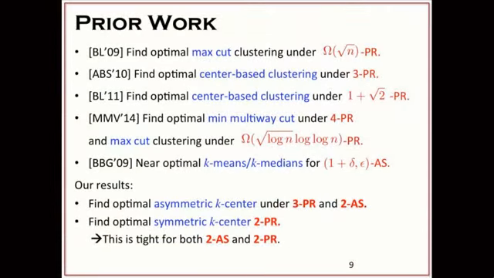So prior work about perturbation resilience and approximation stability. Bilu and Linial introduced this for the max cut problem. And they showed that for square root of n perturbation resilient, they can find the exact optimal solution. Abbasi, Blum, and Sheffet showed that for center-based clustering, which is k-center, k-median, k-means, and a bunch of other clustering notions, under 3 perturbation, they can find the optimal clustering.